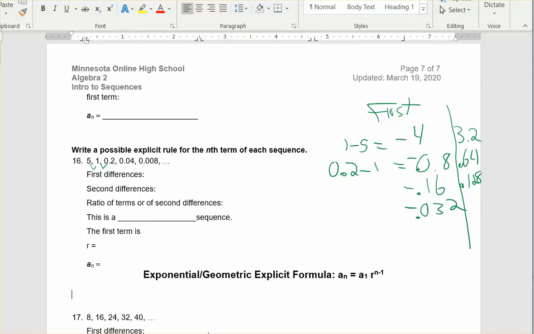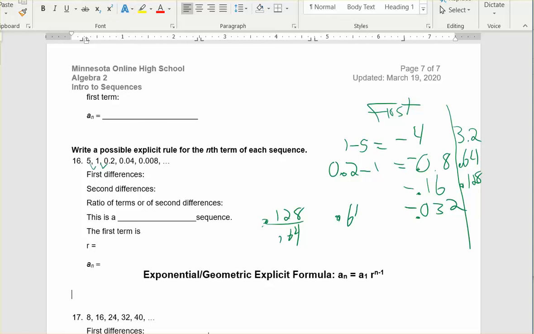But we learned when we learned about exponential functions earlier this quarter that if the ratios of these are the same, then that means it's an exponential sequence, or exponential function, which is the same as a geometric sequence. So we need to take 0.128 over 0.64. We only have 3 numbers to work with.